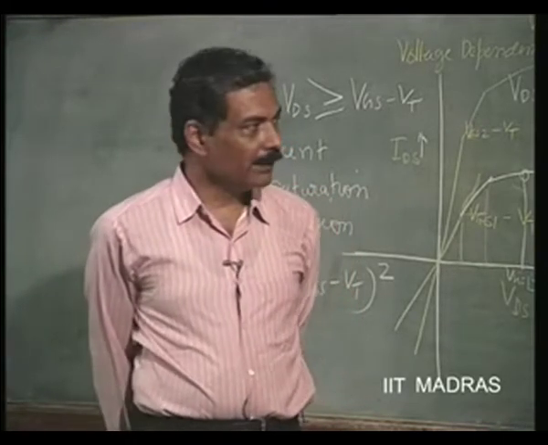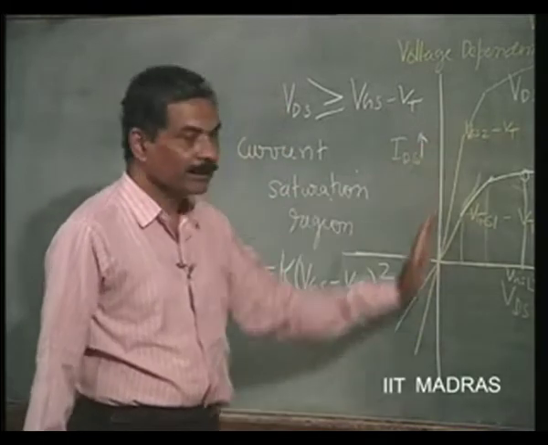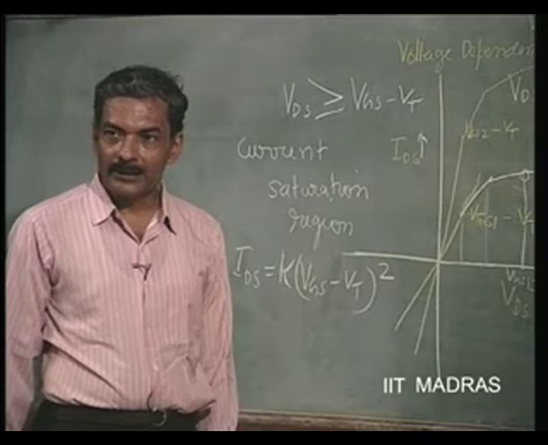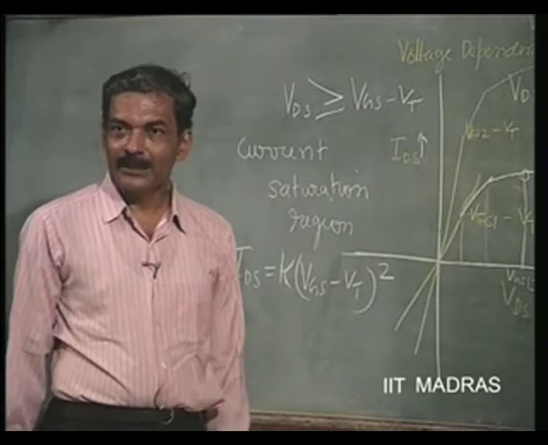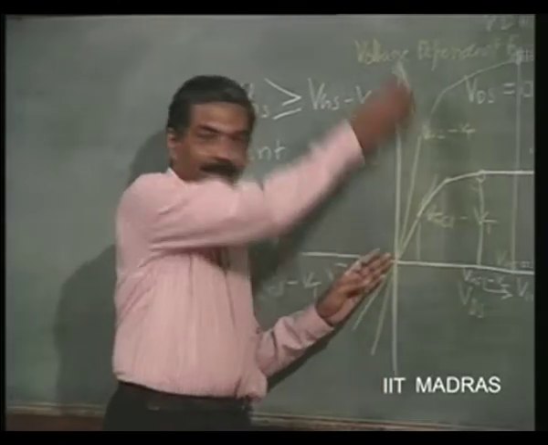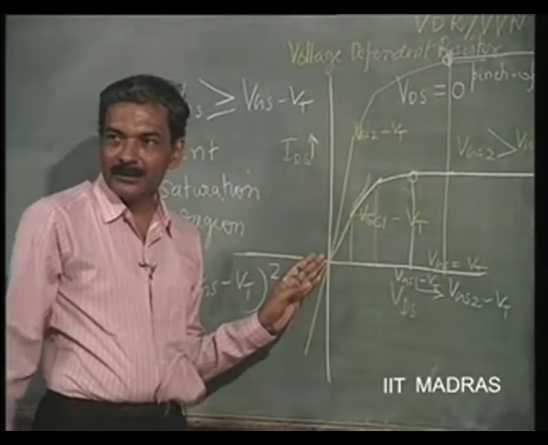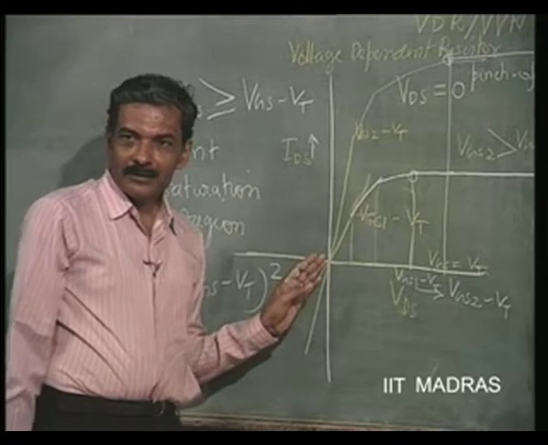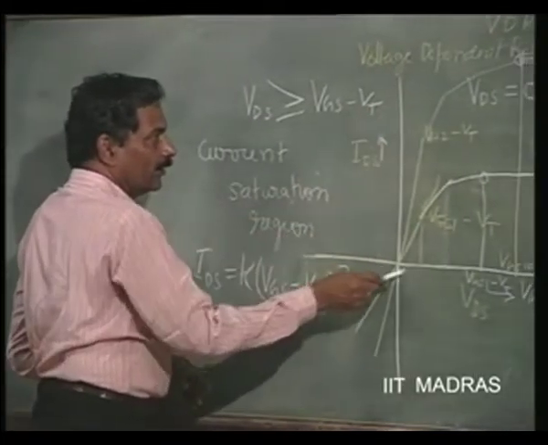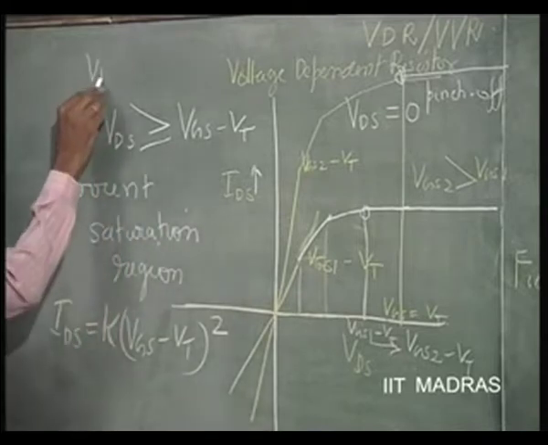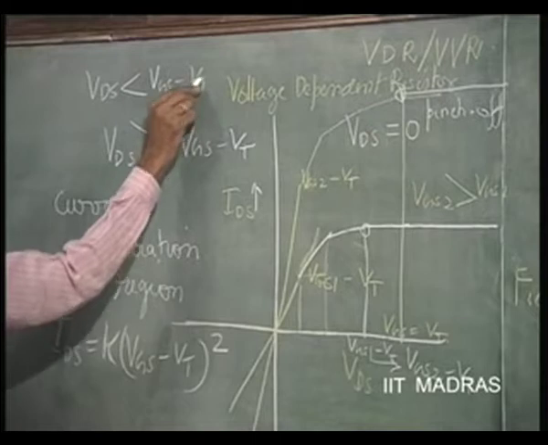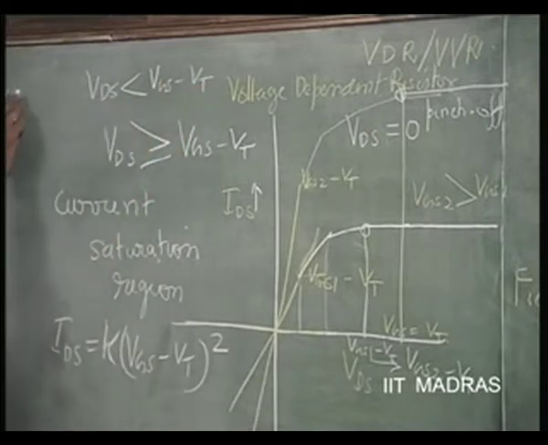So, please remember this important point, this region is called triode region. Why it is called triode region we do not have to explain, because the triode characteristic is somewhat like this. So, like a resistor characteristic. So, this region which is VDS less than VGS minus VT is called the triode region.